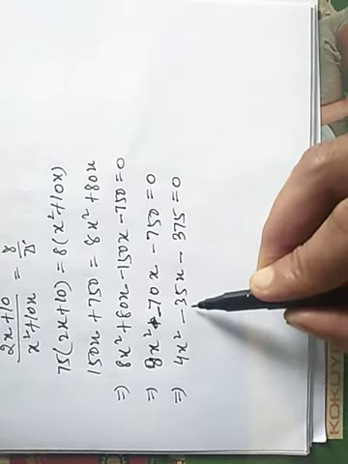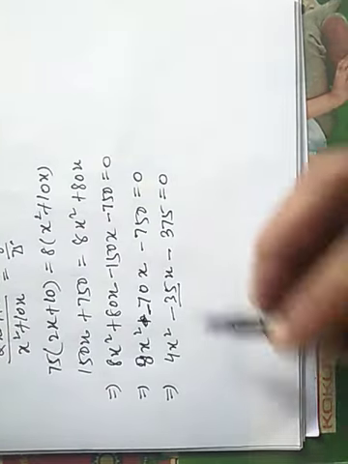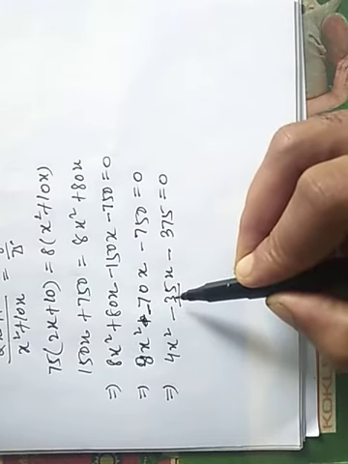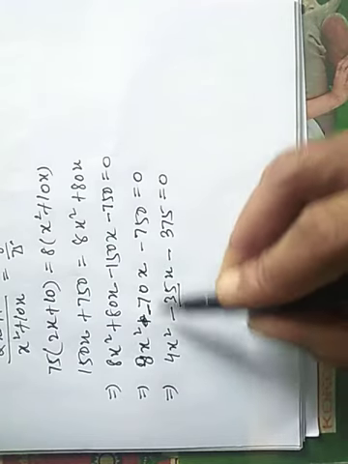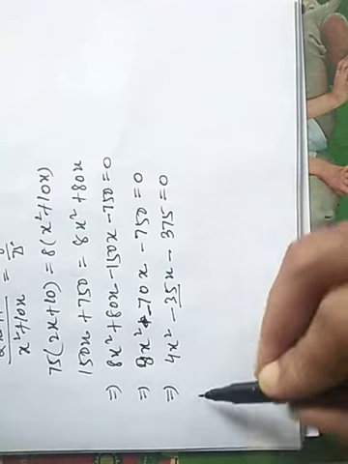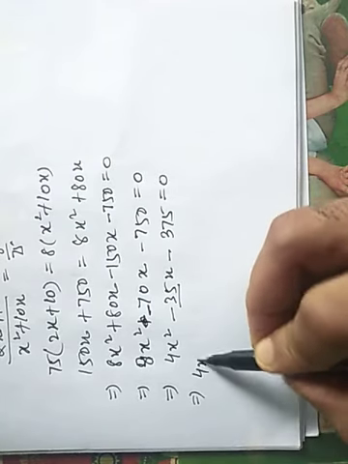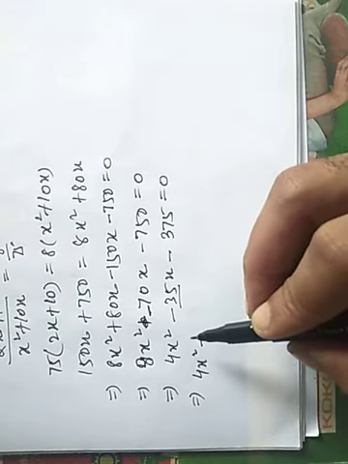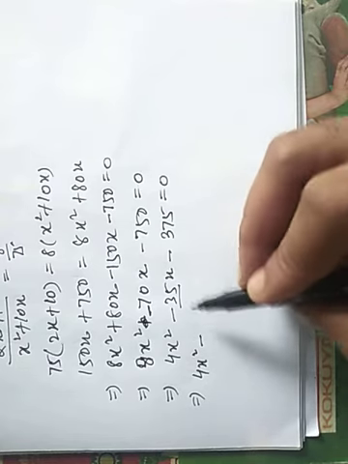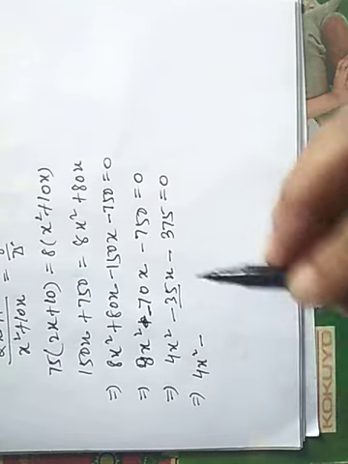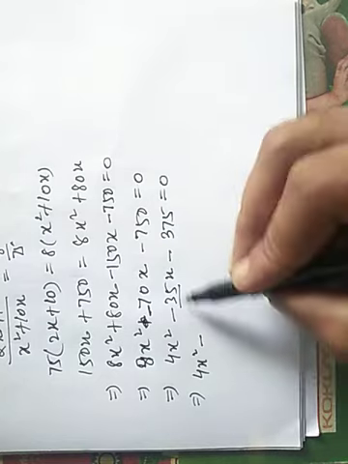We can also factorize the middle term whose sum will be equal to minus 35 and product is equal to 375 into 4. So such terms we have here as minus 60 plus 25. You will get minus 35.